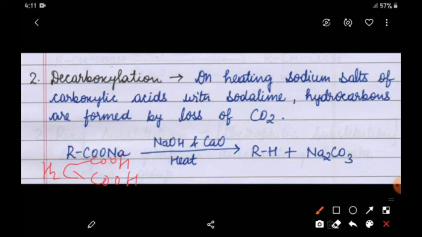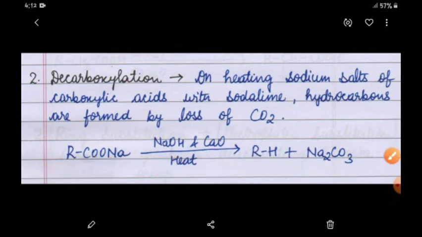This is known as malonic acid. In this, 2 carboxyl groups are present on the same carbon atom, so it will undergo decarboxylation very simply on heating. The final product will be CH3COOH plus CO2 in this case.